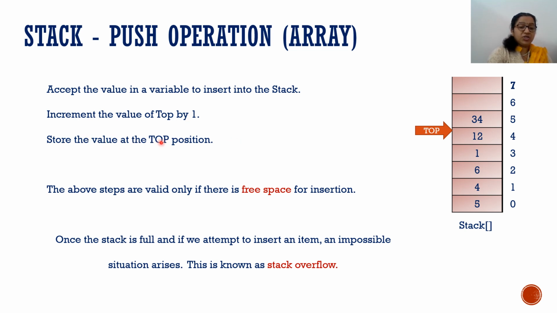So in the position of the top, after incrementing by 1, there we want to insert that value. So these are the steps we want to follow for push operation. First accept the value in a variable, then increment the value of top, then store the value at that top position. So these are the 3 steps.